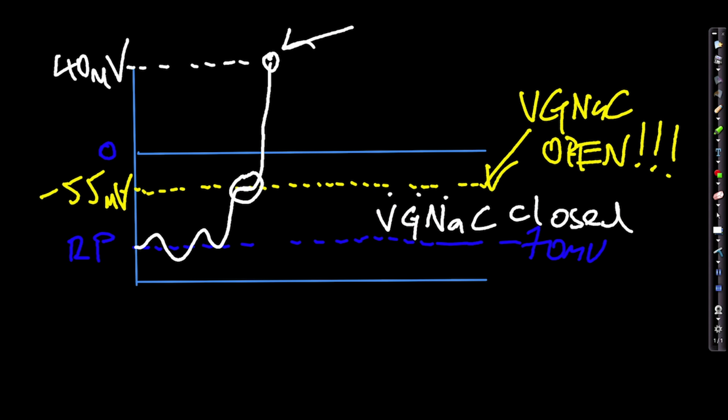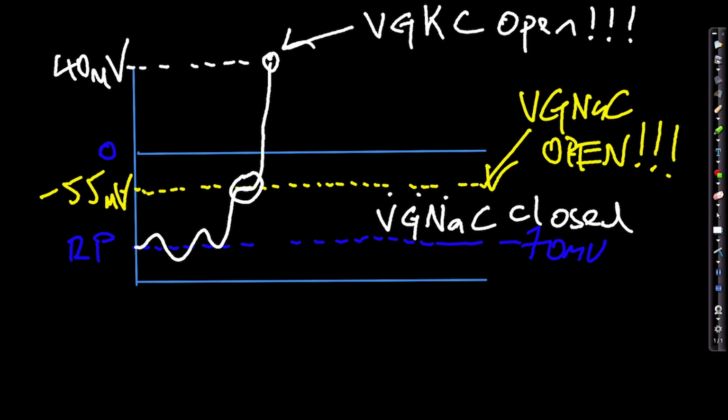So here, at this point, voltage-gated potassium channels open. Now, what's going to happen there? Well, let's think about it. We know that the voltage-gated sodium channels have closed, so sodium has stopped flowing into the cell. And now these voltage-gated potassium channels have opened.